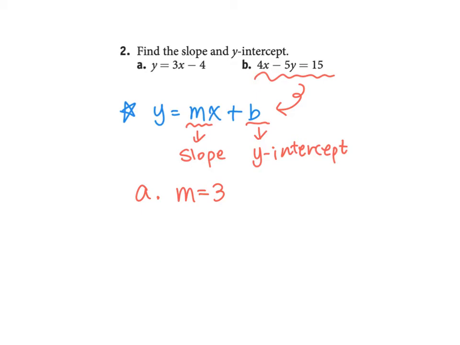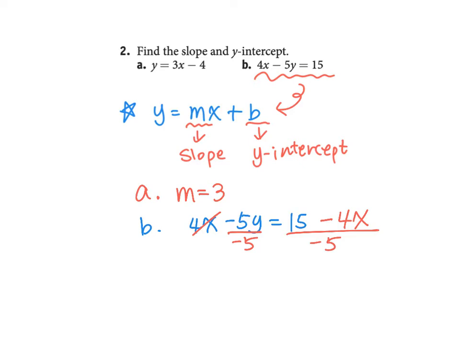So let's solve B. B is 4x minus 5y equals 15. So we're gonna leave the y part on the left side, and move the rest to the right side. So subtract 4x on both sides and divide by negative 5.